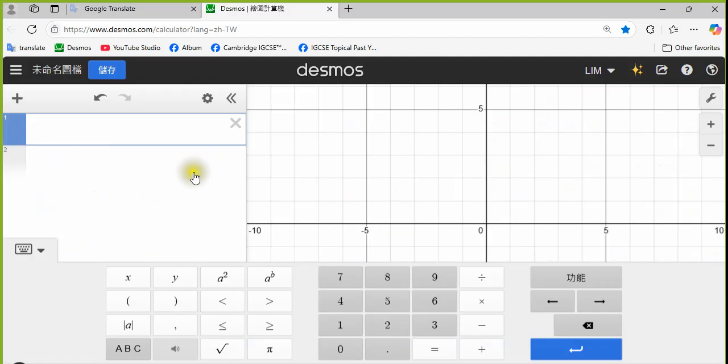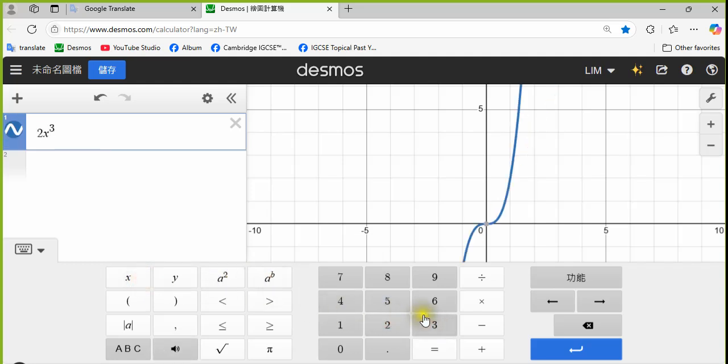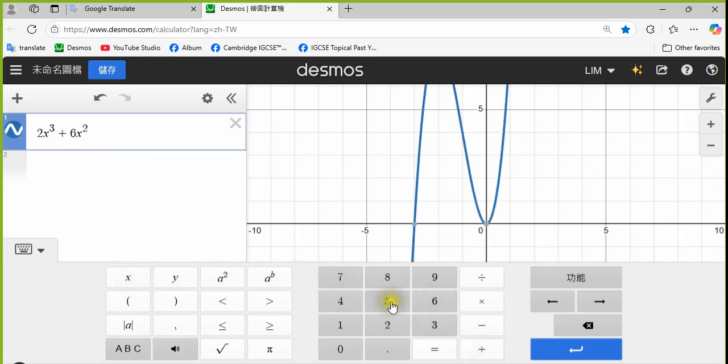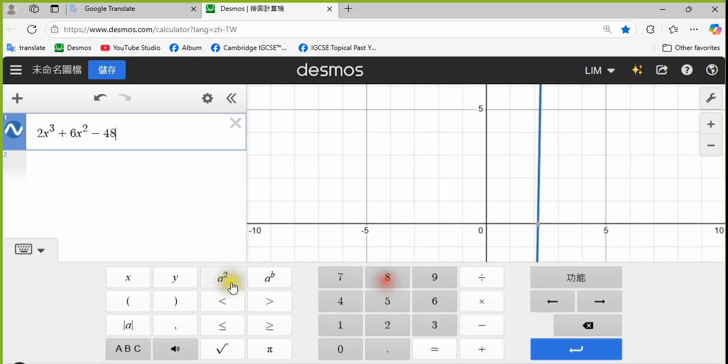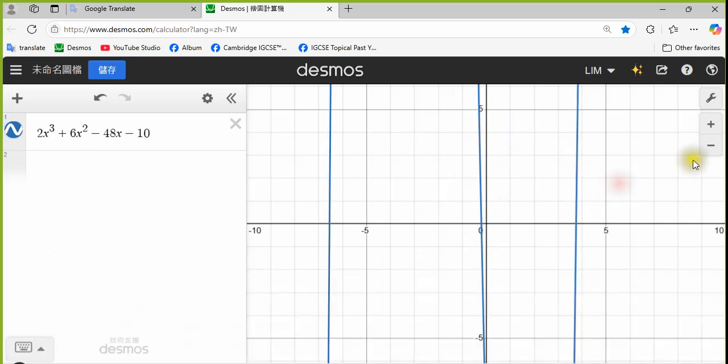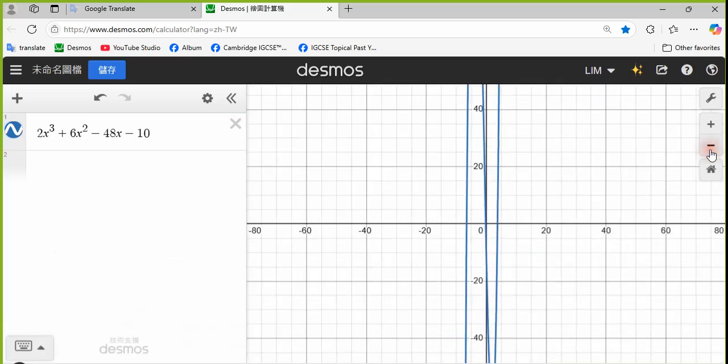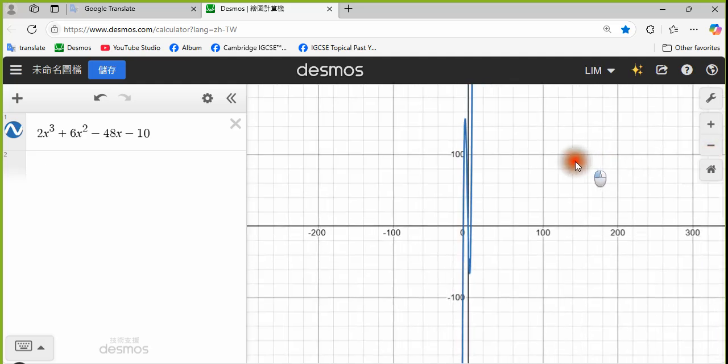Okay, we use a calculator to plot the graph. We have 2x to the power 3 plus 6x squared minus 48x minus 10. So the graph will look like this.